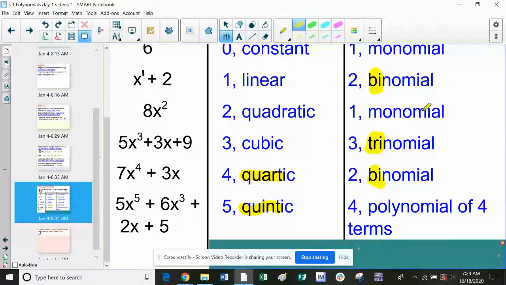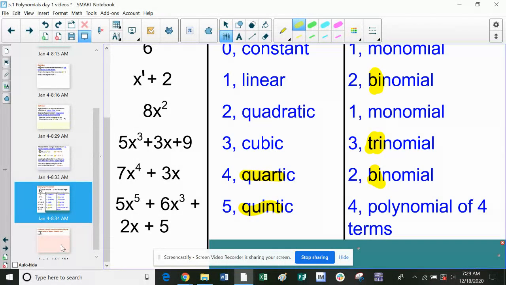Now, we had monomial, binomials, and trinomials. When you get up to 4 and beyond, you simply call it a polynomial of however many terms. So this is 4 terms, so we say polynomial of 4 terms. So it gets a very long last name. First name would be quintic. Last name would be polynomial of 4 terms.